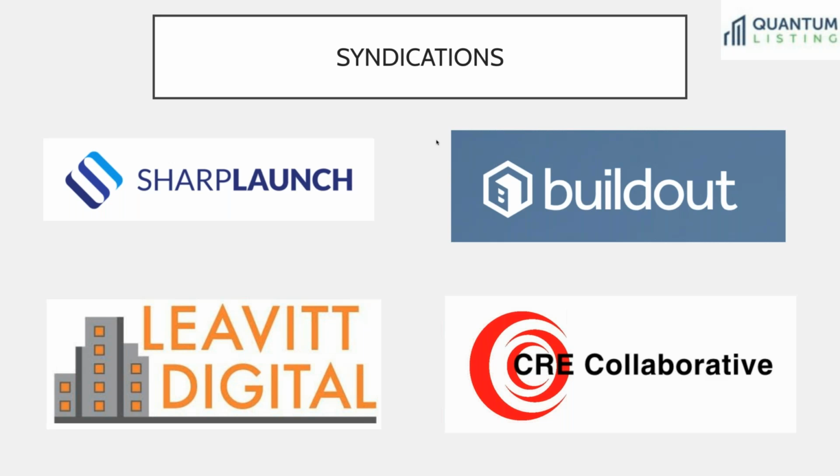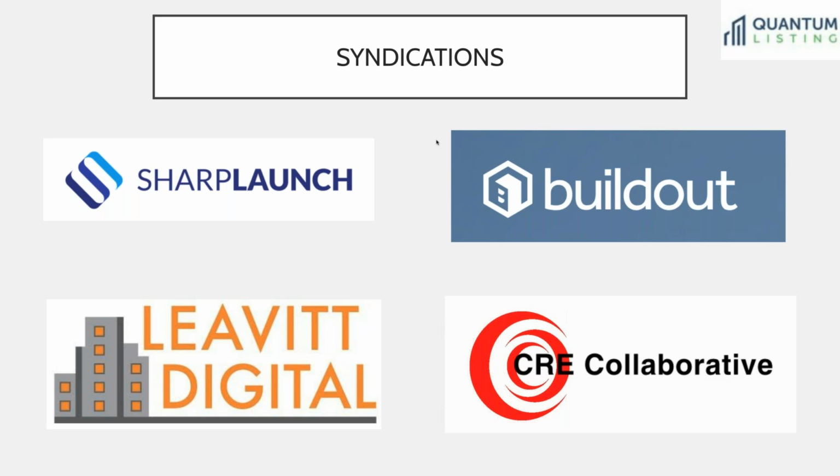Levitt Digital is another great partner of ours, except they don't send us listings. You get to choose whether you want to send your listings to them. Levitt Digital is a neat company in that they have over 500 local and regional news sites throughout the country, so your listings will now be accessible if you opt into syndicating to Levitt Digital.